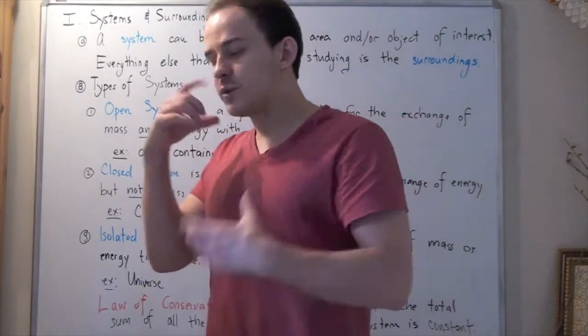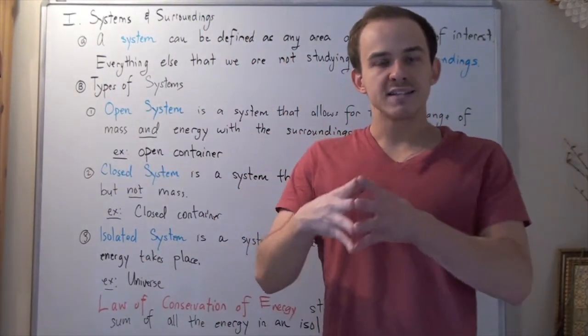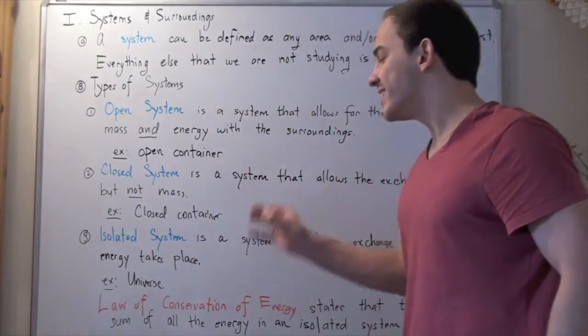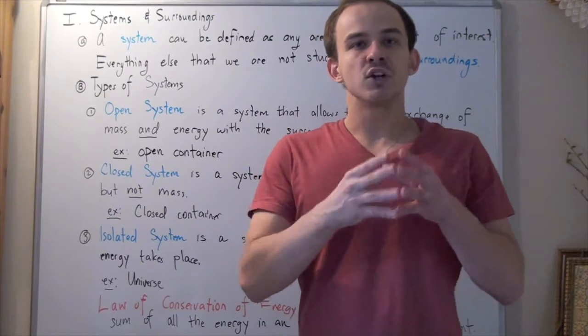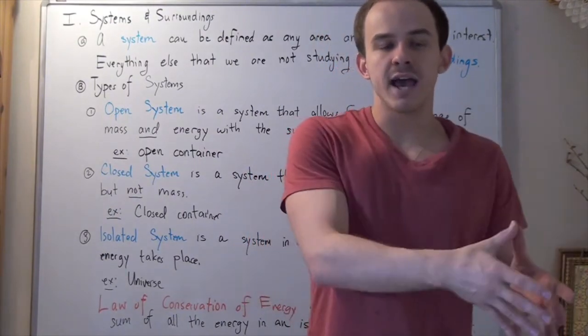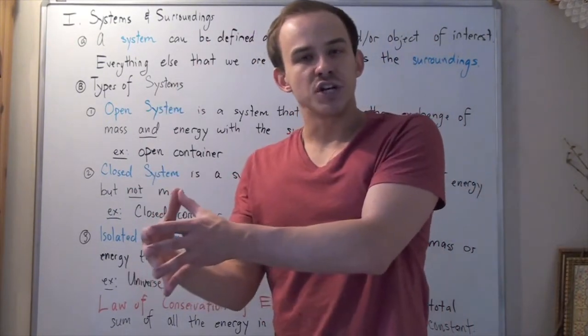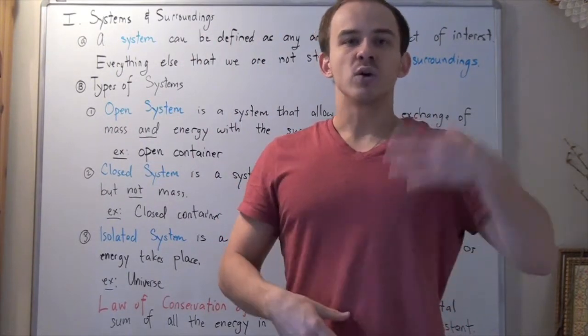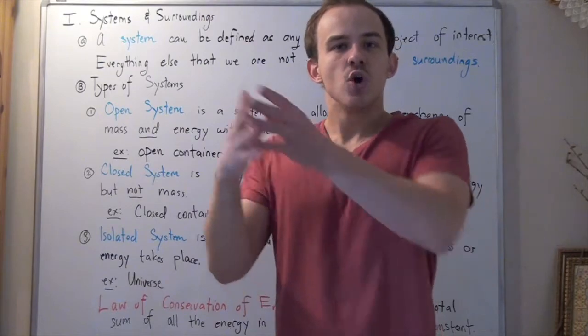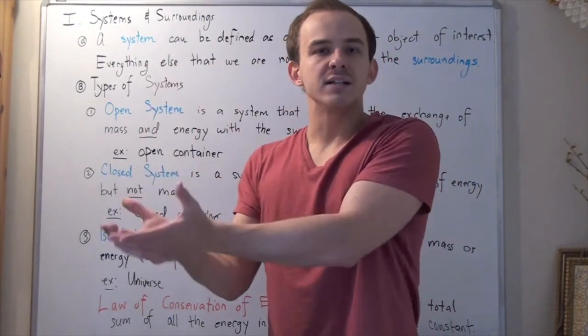Now, if we take the universe once again to be the isolated system, this law does not state that energy cannot be converted. For example, we can convert all the kinetic energy to potential energy, but the total amount of energy will remain the same. So kinetic energy plus potential energy will give you the total amount of energy.